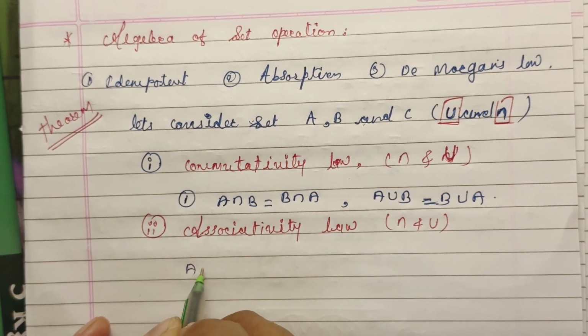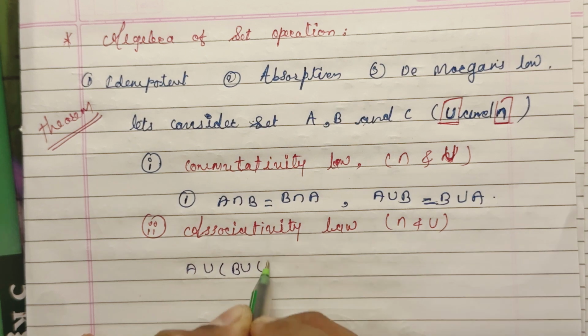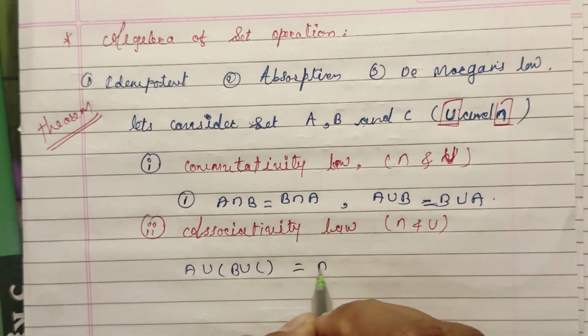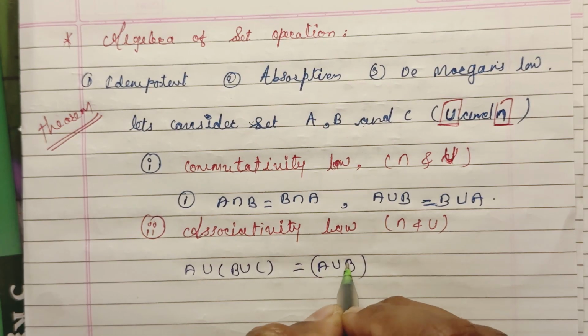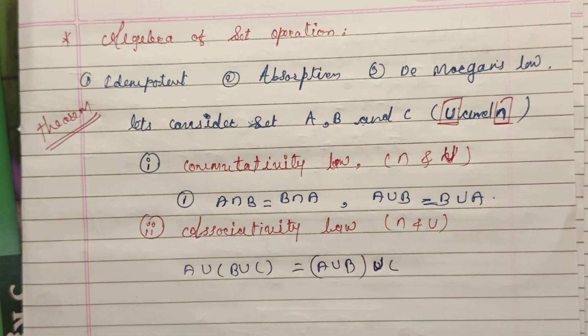That means A union, then we take a bracket around B union C, which we write as A union B, then union C. This is our union associativity law.